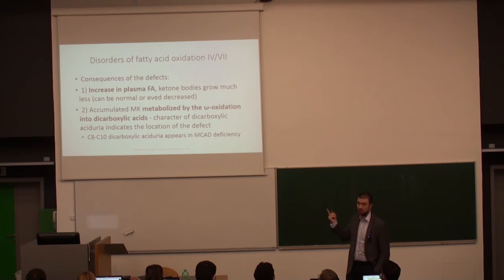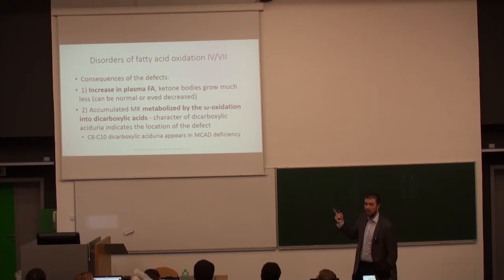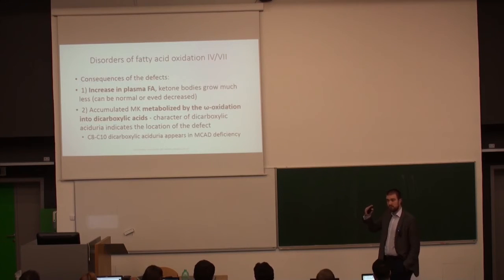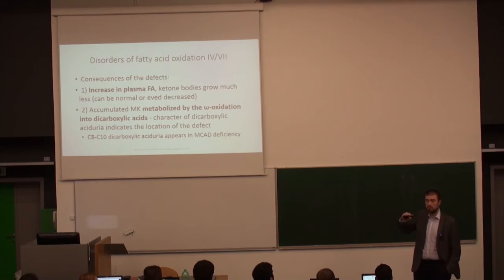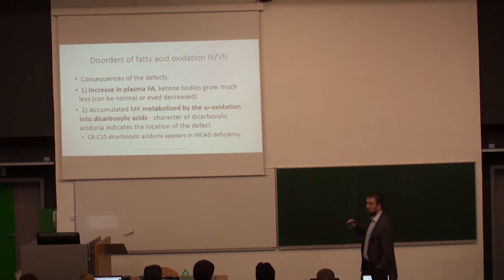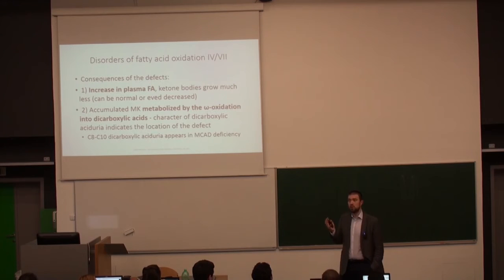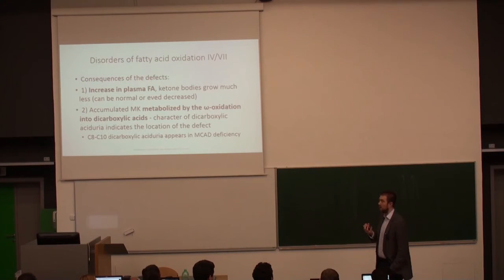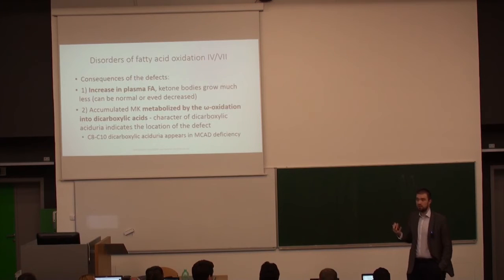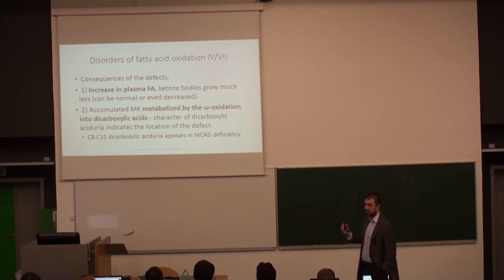If you have the defect, what will happen in your metabolism? You will have the fatty acids in your blood. That's normal, lipolysis is not affected. But then you at some level block the beta oxidation, and your cells will try to use alternative metabolic pathways to get rid of this accumulated substrate.